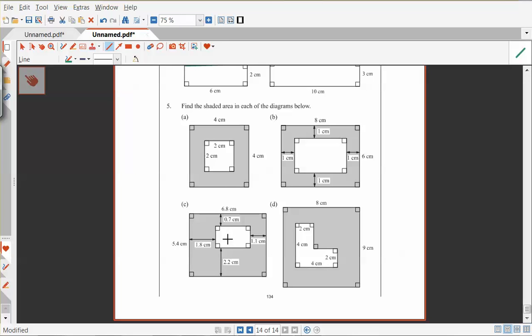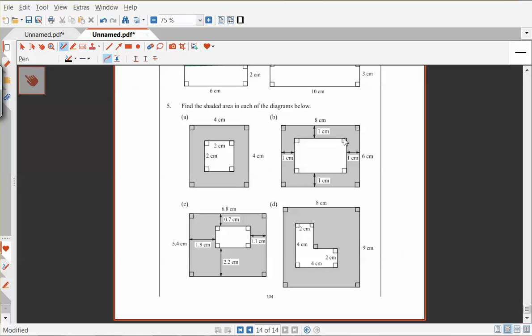The fact that it's in a different place doesn't matter. They've got these values to help you work out the lengths of this. So, for instance, if we had to work out on B what the lengths of the inside would be, we've got 8. What would this length be and why?